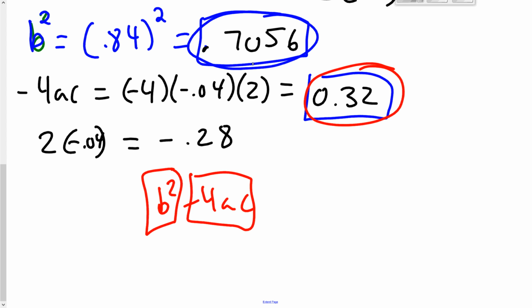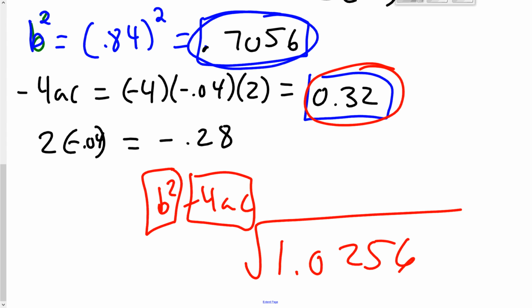So since they're both positive, I'm going to add them, and then I'm going to rewrite those, and that's what would go underneath the square root. Okay, this b squared minus 4ac goes underneath the square root. So we can go ahead and add those together, and that is 1.0256. That's what's going to go underneath the square root.